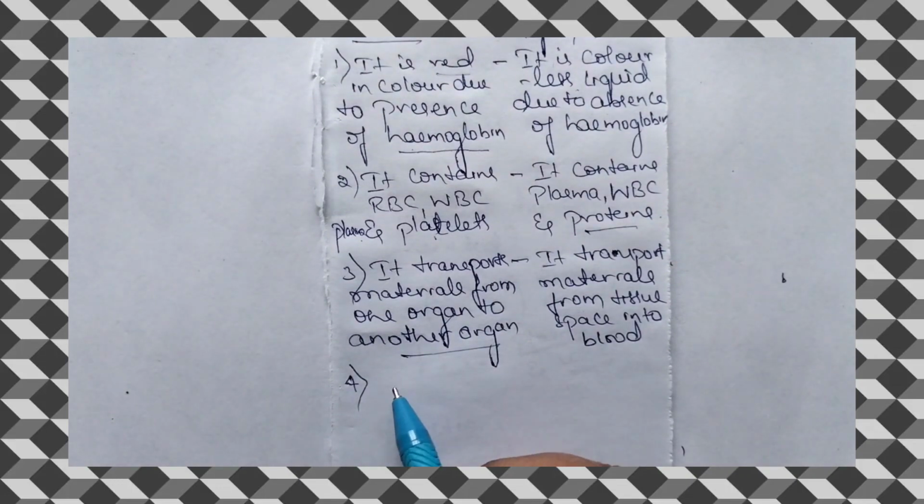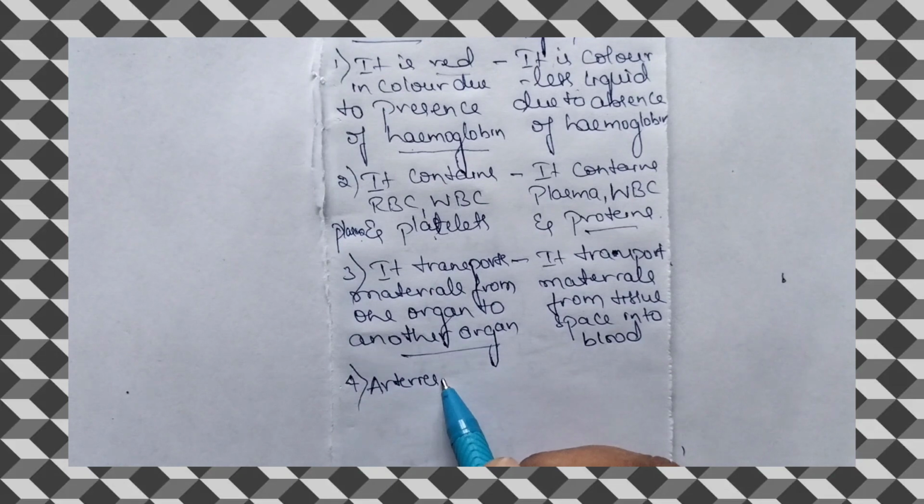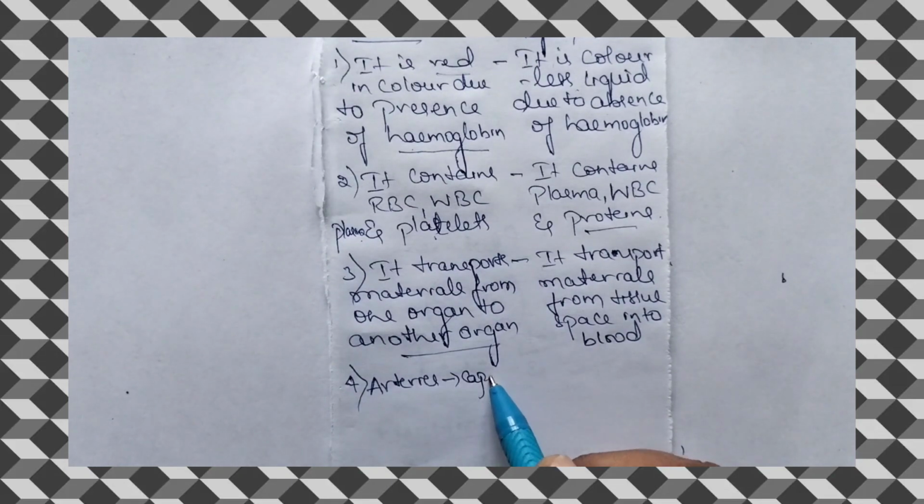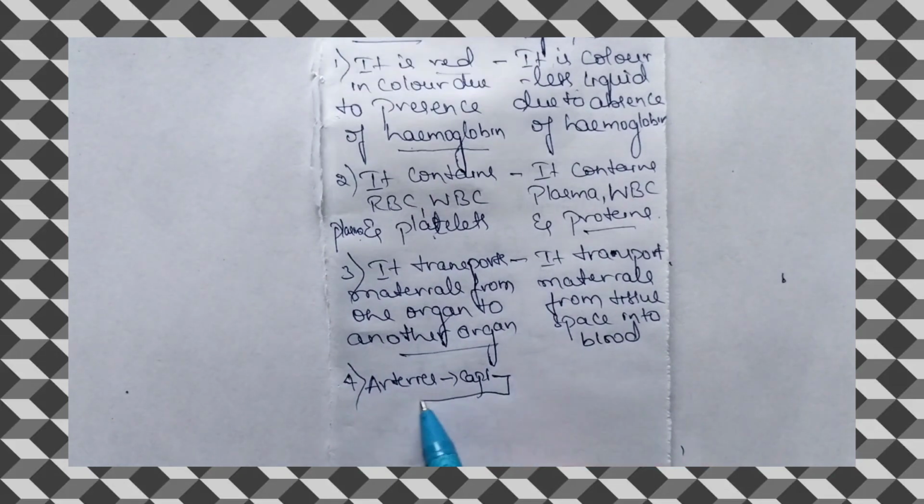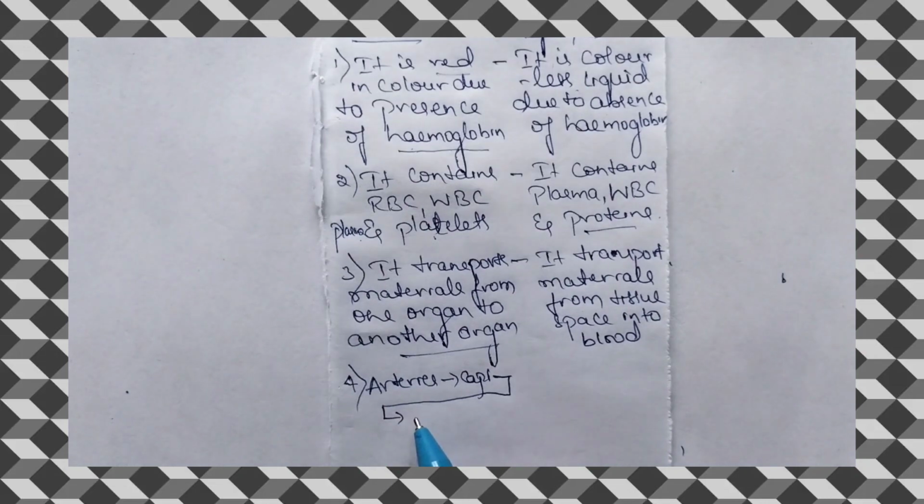Blood and lymph, now we have to tell the path. So blood will flow from arteries to capillaries. From capillaries it flows into veins. From veins it moves to heart.